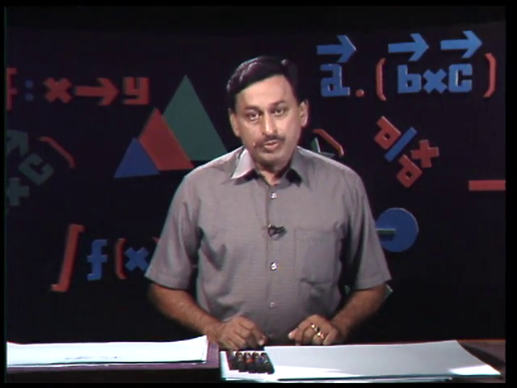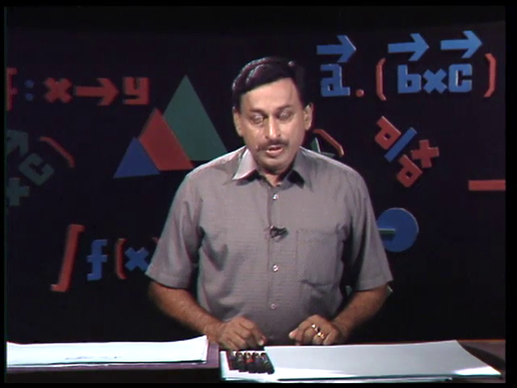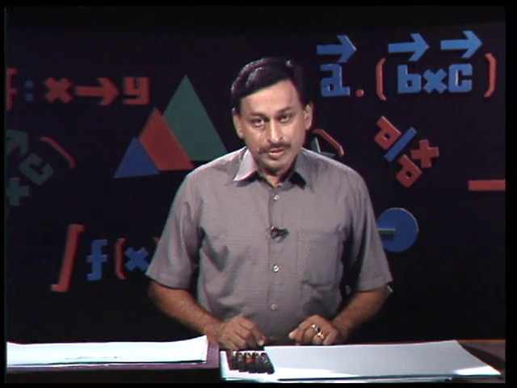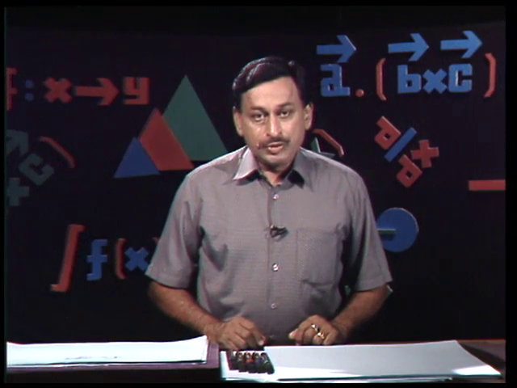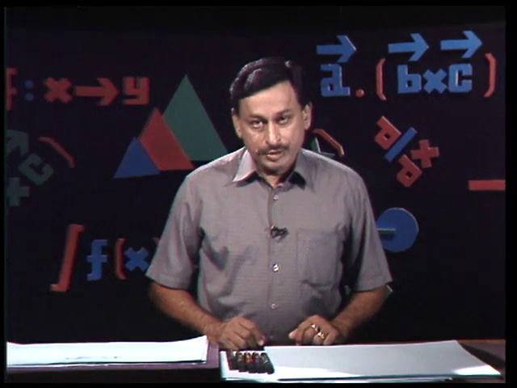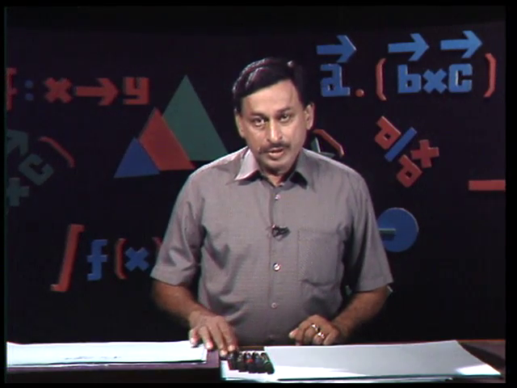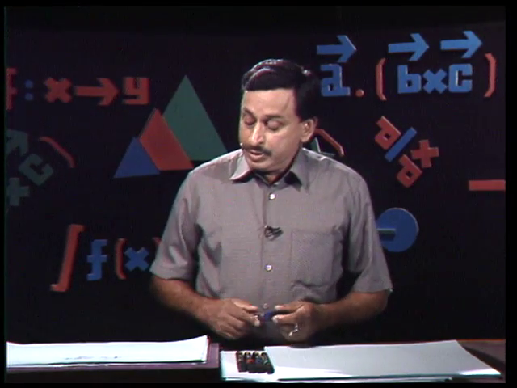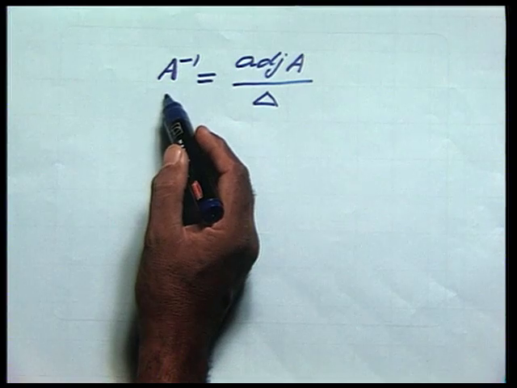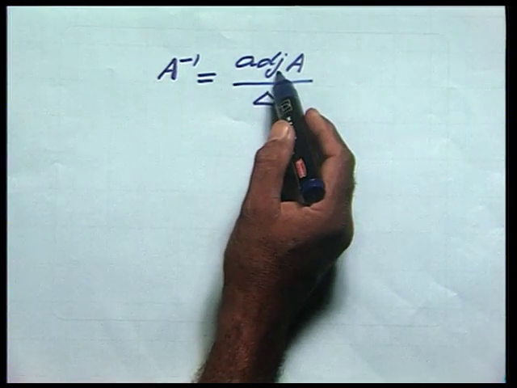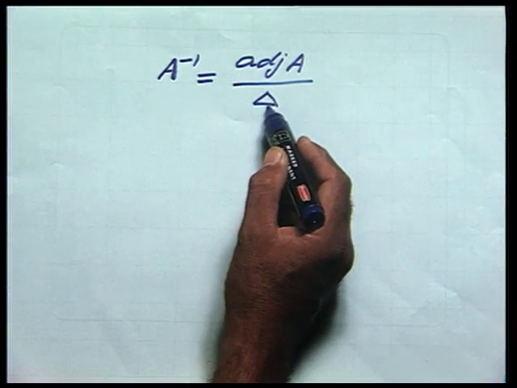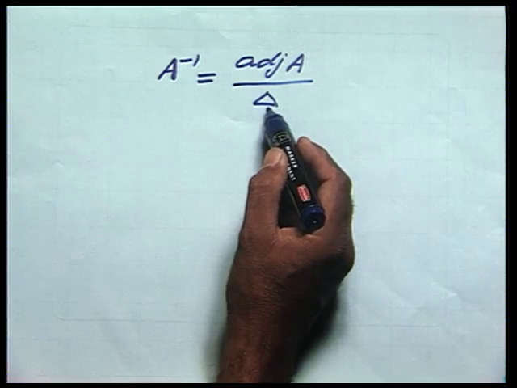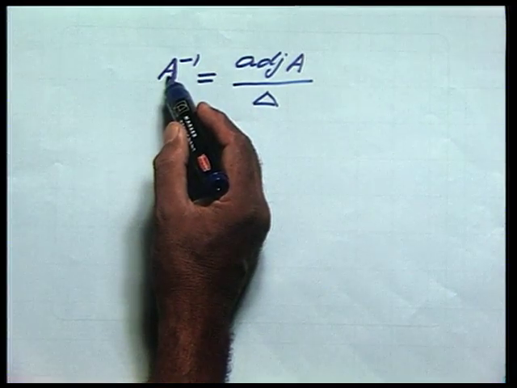Going back to our last program, remember where we left it? We had in that program found out exactly how we can find the inverse of a matrix, and for that we had found that the inverse of a matrix A is adjoint A divided by delta. What is this delta? Delta is the value of the determinant corresponding to this matrix.